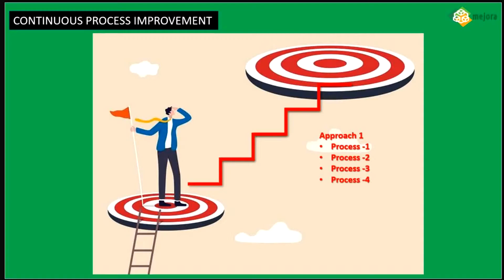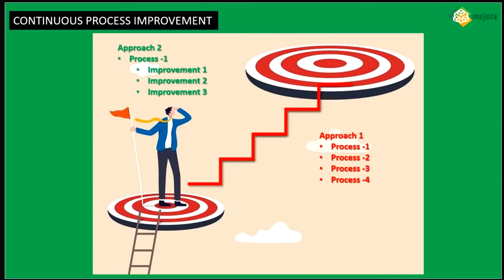For example, you have approach 1. In approach 1, you have maybe thousands of processes across the organization, and based on the high impact processes, you pick all those projects which have the maximum advantage, where you will get the maximum impact, be it cost, be it customer satisfaction, whatever it is.